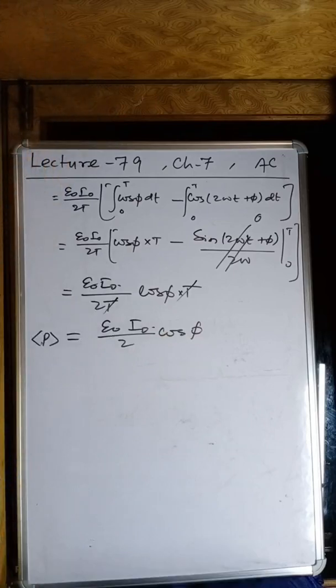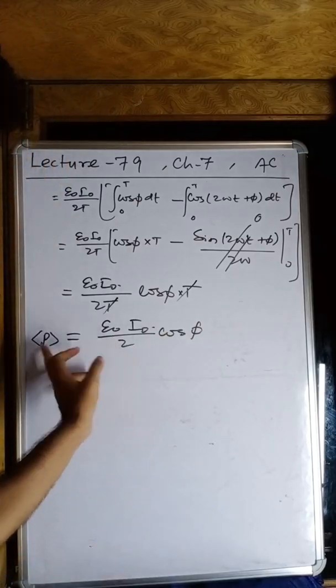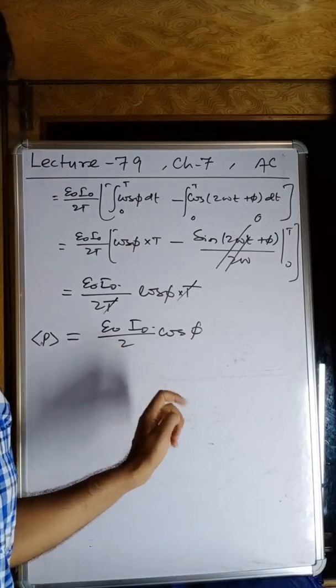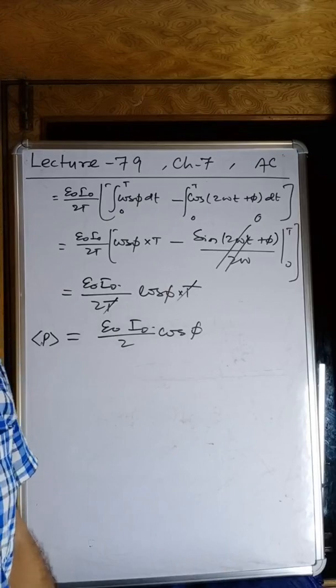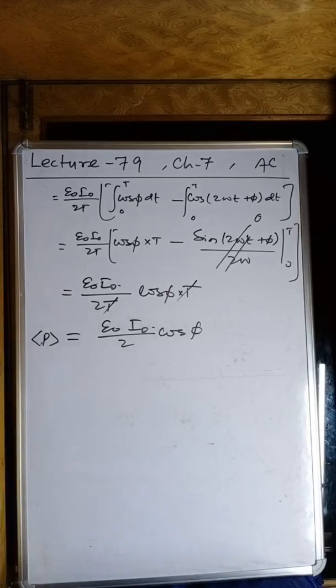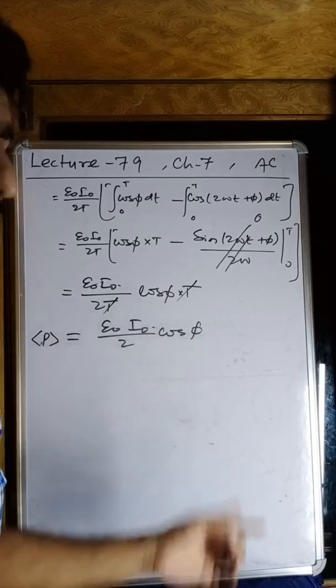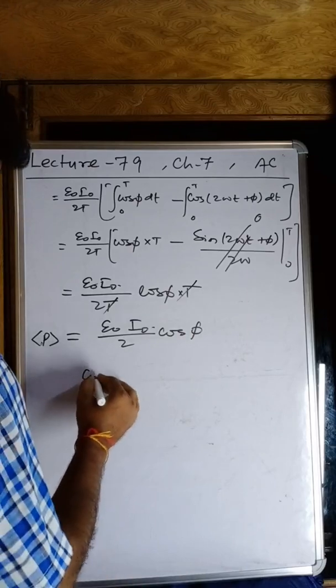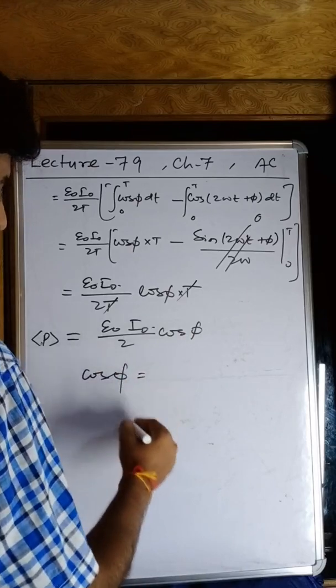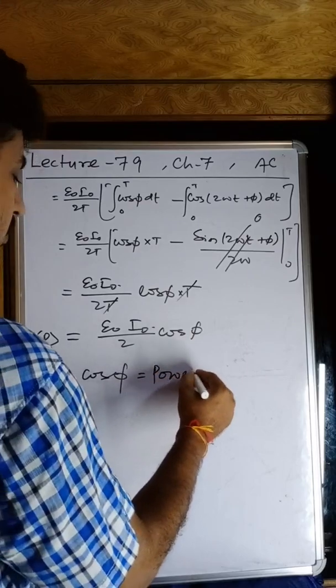But the total amount remains constant, and this power depends on this cos phi. That's why this cos phi is termed as the factor on which this power depends and is known as the power factor. Alright, so this cos phi is termed as power factor.